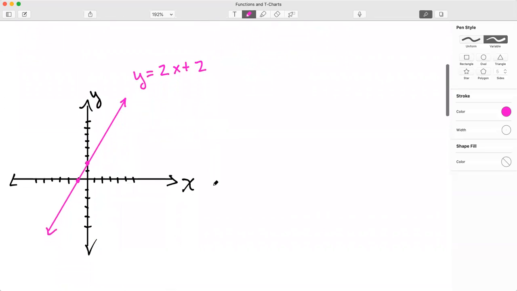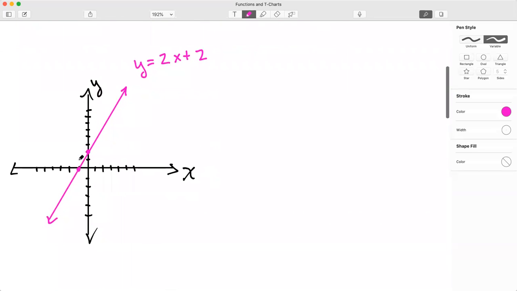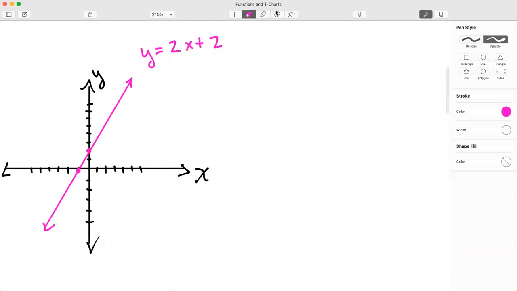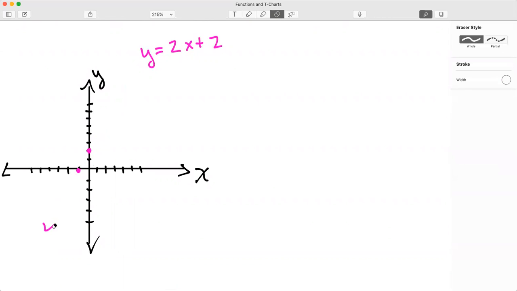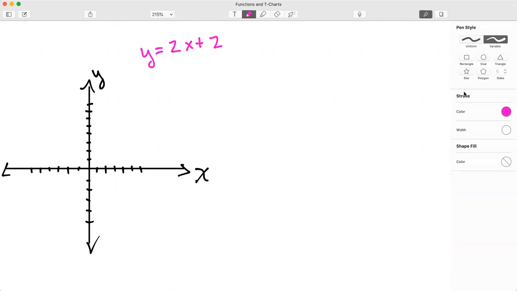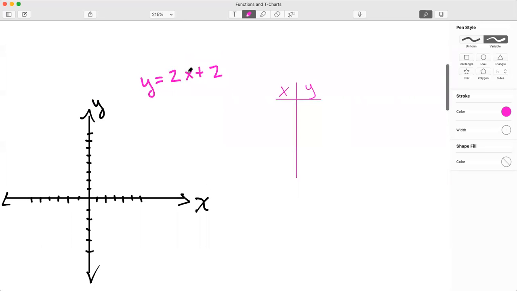All right, let's look at this problem. Instead of giving you the line, I'm just going to tell you to make a t-chart given certain values. You're going to make an x-y t-chart, a chart of inputs and outputs. You input a number, and the function does something to that number. In this case, it multiplies it by 2 and then adds 2.